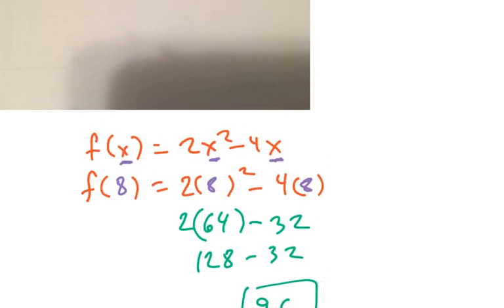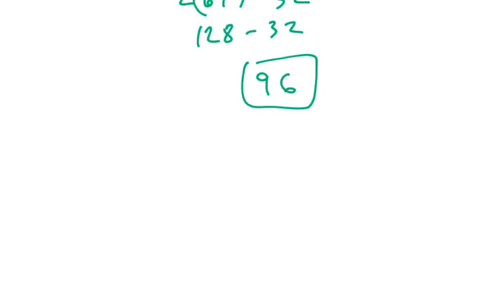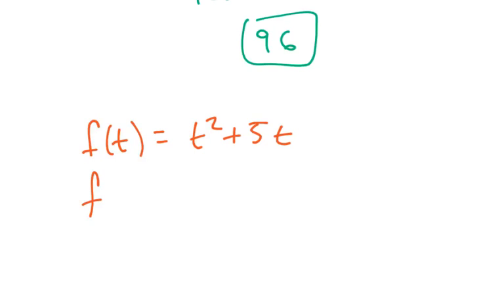The next one is the same thing. Number 10 is the same thing, except I give you t minus 5. So what do we do here? Well, let me rewrite it. It's going to be f of t equals t squared plus 5t, and we're asking you to solve for f of t minus 5.